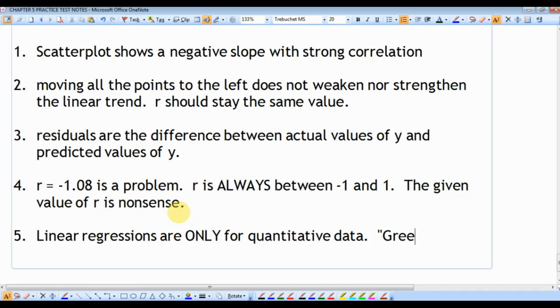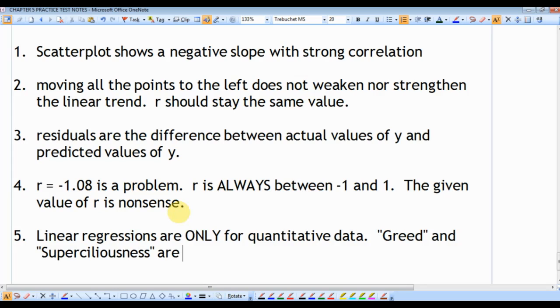Greed and superciliousness are categorical. So the answer is nonsense. This is a nonsense question. I like that answer.